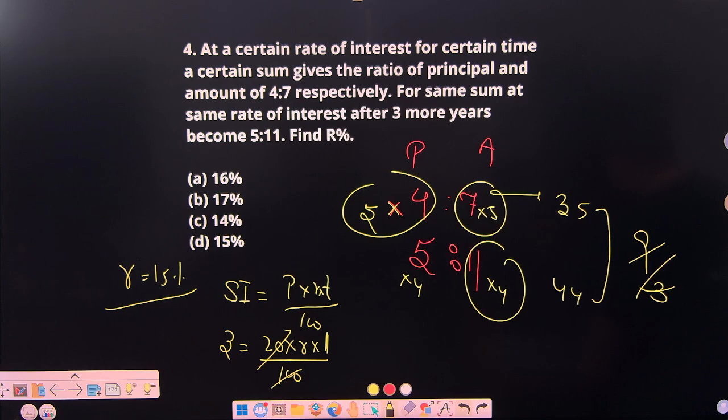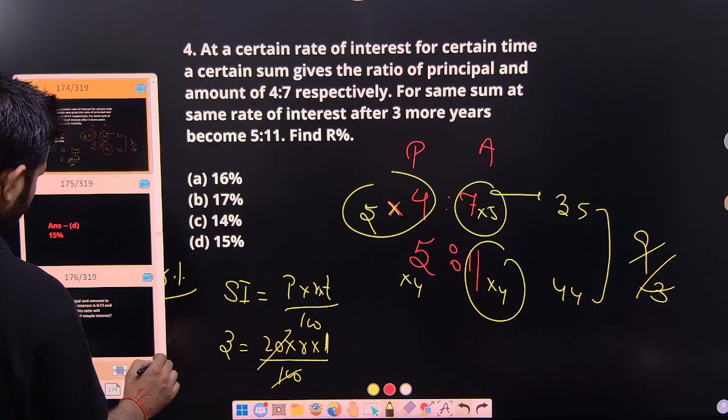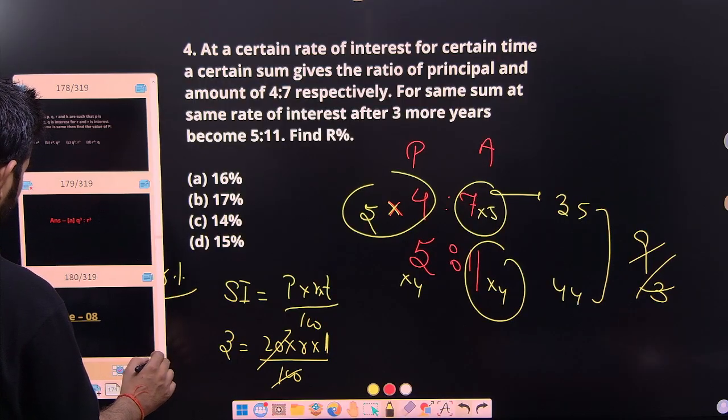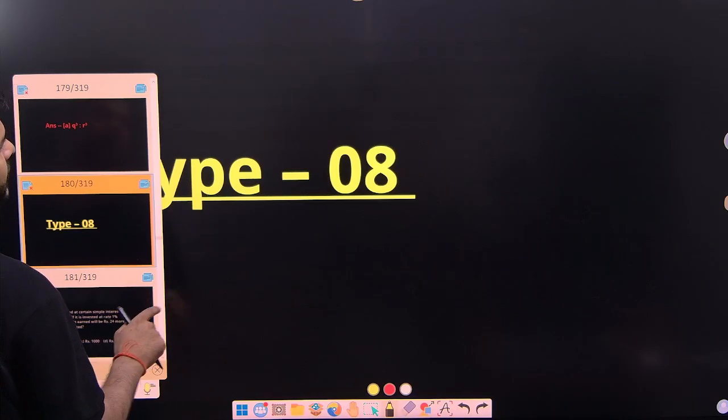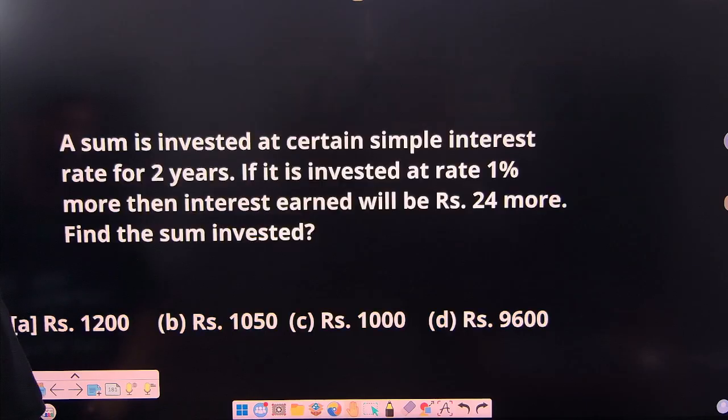Now let's move on to type 8. The rest of the questions you yourself try. Wherever you get stuck, immediately ask. Take your time.